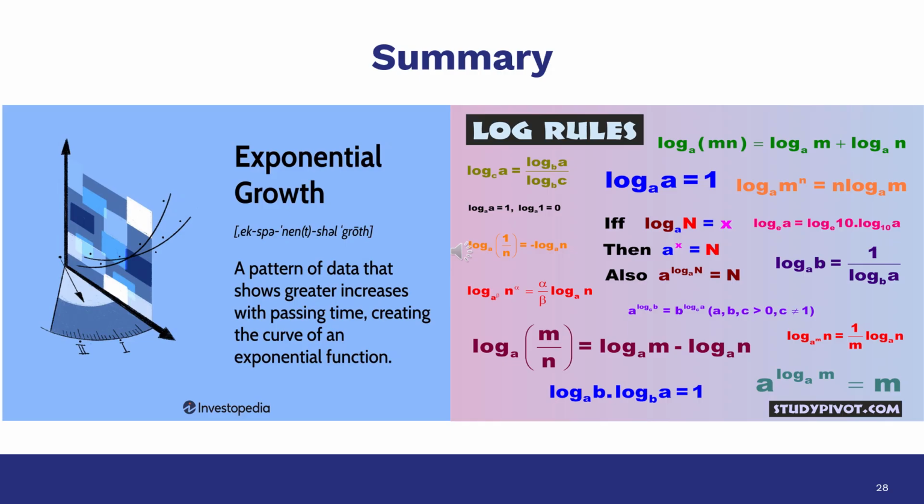We then examined logarithmic functions as the inverses of exponentials, learning their properties, graphs, and uses in measurement systems like decibels and pH. Finally, we introduced the natural base e and the natural logarithm, key tools for modeling continuous change. Together, these ideas reveal how mathematics captures both explosive growth and steady transformation in the world around us.